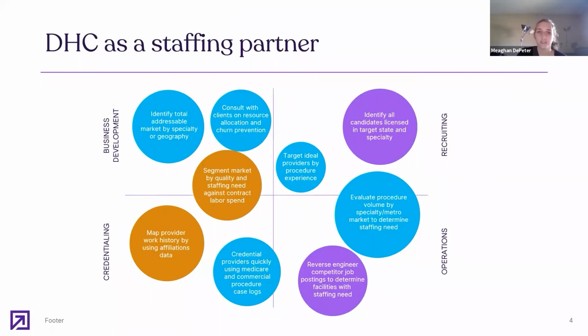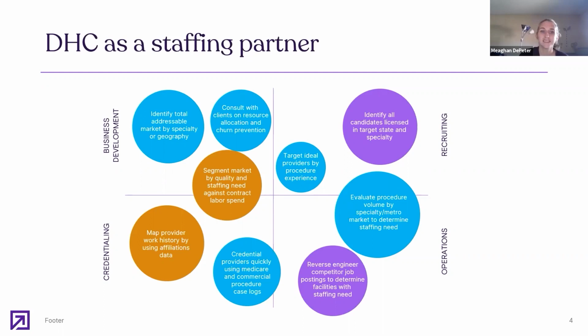Before we can even dive into the topic of the physician shortage, it's important to understand there are so many ways Definitive Healthcare can partner with you to address your staffing needs, whether it be business development, credentialing, operations, or recruiting. Potentially even all. People wear many hats these days. Definitive Healthcare's commercial data can help you identify your total addressable market by specialty or geography.